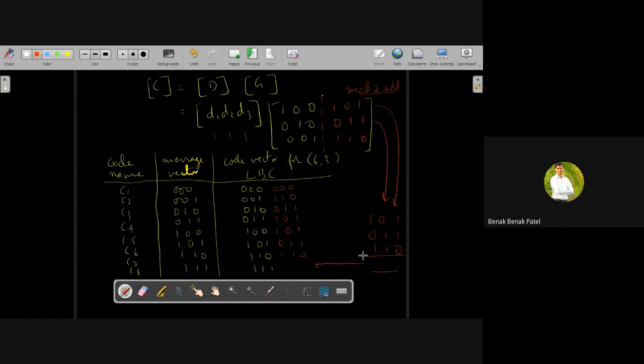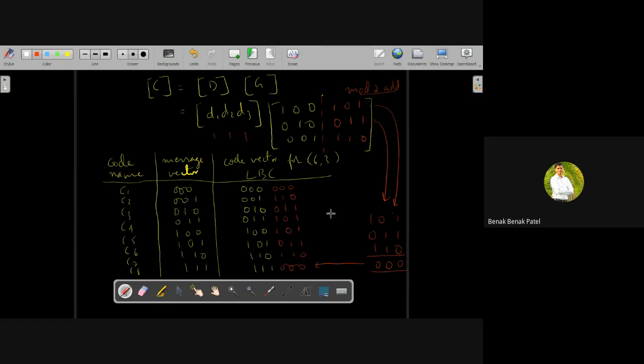Now here, it's as good as doing modulo 2 addition. So for 1, 1, I'll be getting 0. So 0 plus 0 is again 0. Here again it's 0. So for the last message vector combination, I'll be getting 0, 0, 0 as my check bits.